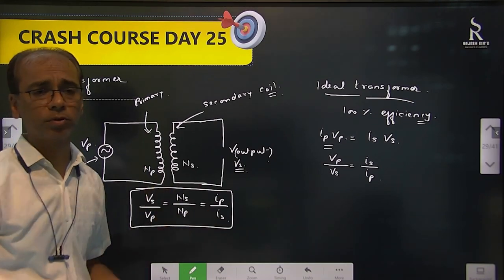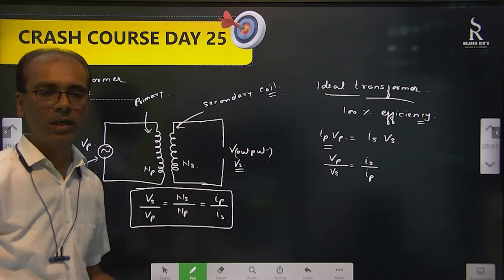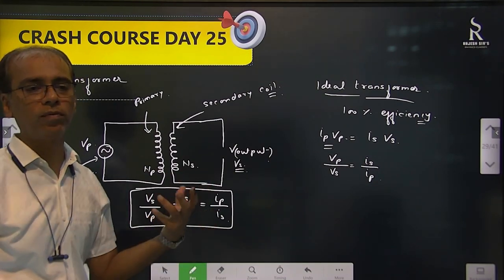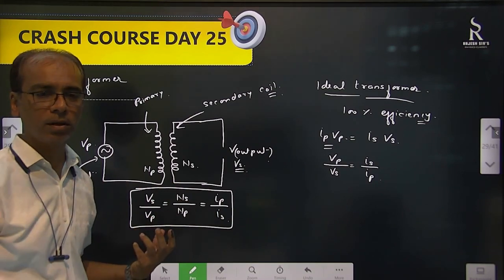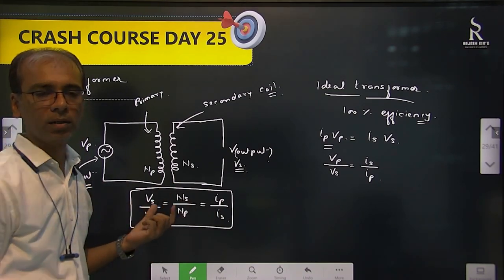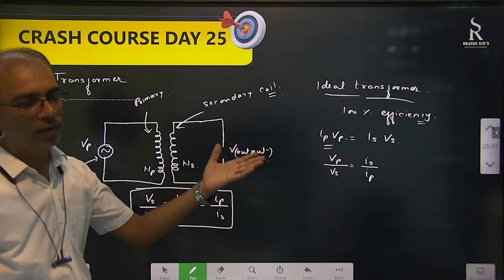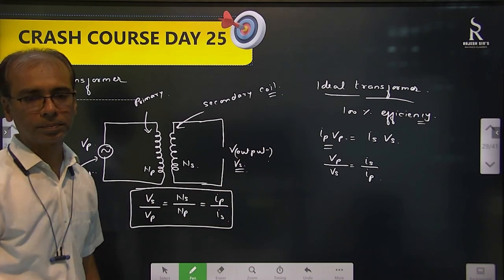Flux is directly proportional to N. The more flux change there is, the more EMF is generated. So EMF is directly proportional to N, so Vs by Vp is equal to Ns by Np. And the second relation comes from the power.